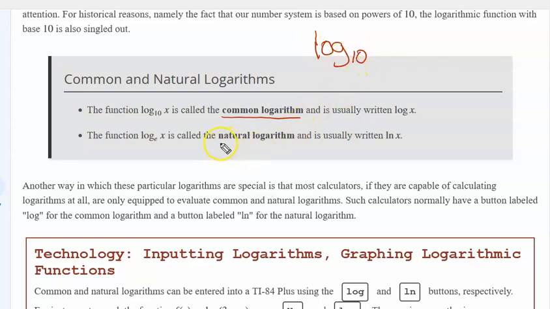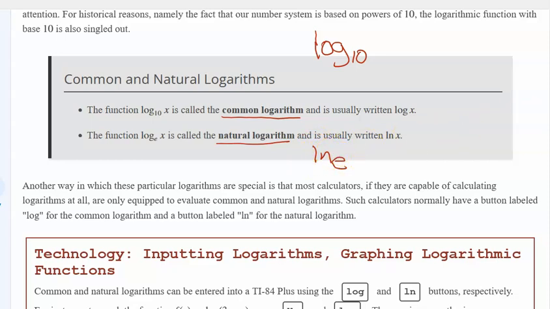The other is the natural logarithm, which is base e, and it's written ln. Again, we don't write that e if it's natural log. You might say, how come it's not nl? Well, because in Latin it's logarithmus naturalis.